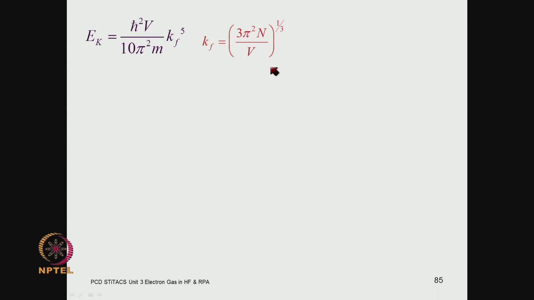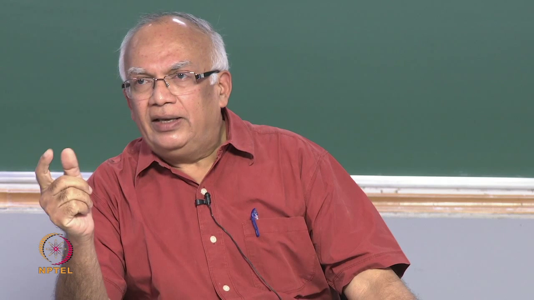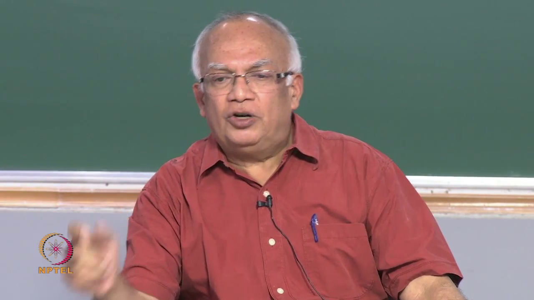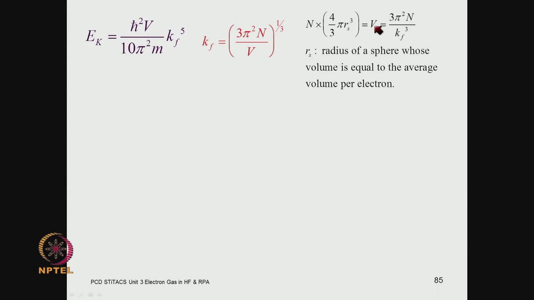Okay. So this is what we have got. These are the two forms that we get. If we now consider Rs, R subscript s, to be the radius of a sphere whose volume is equal to the average volume per electron, so this average volume multiplied by the total number of electrons will give you the total volume, and this we have found out to be what it is.